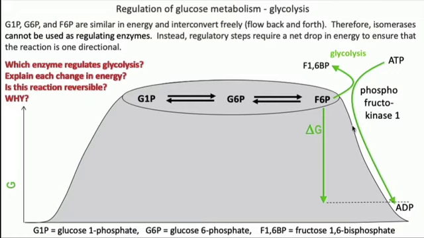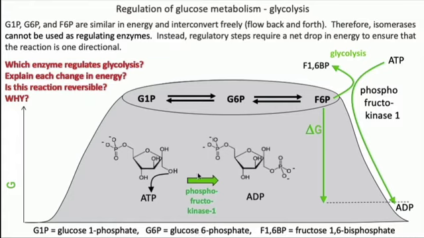Here, phosphofructokinase 1 grabs the substrate fructose 6-phosphate and adds a phosphate to it to form fructose 1,6-bisphosphate. So the sugar has gone up in energy. Now, why is it a regulated step? Because the net energy change is negative. That's because the phosphate that is added to fructose 6-phosphate comes from an even higher energy source, ATP.